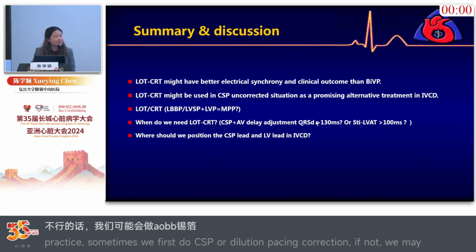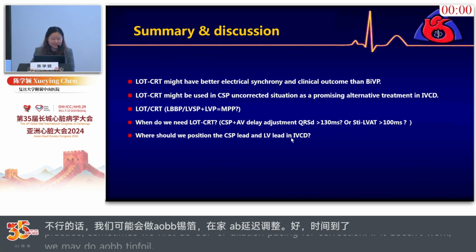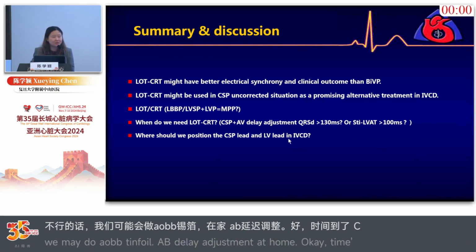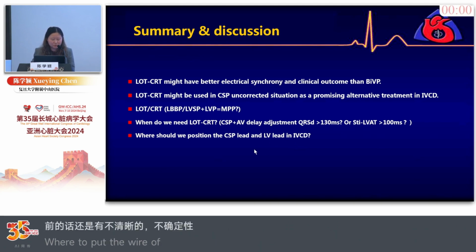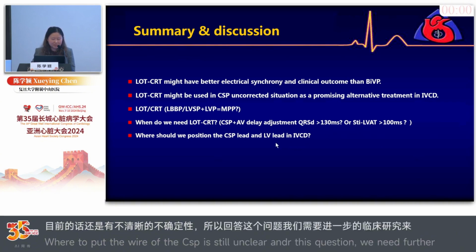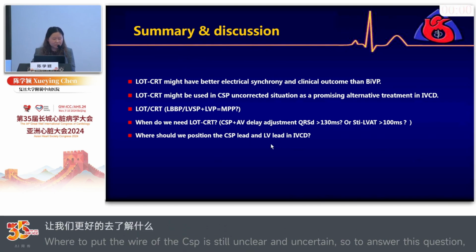Time is up so fast. And where shall we position the lead? It remains unclear for now. So maybe we need more clinical trials to show whether, when or where we should position this lead, and when we need LoT-CRT.